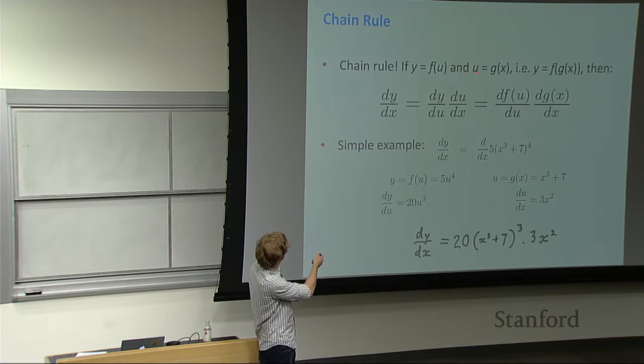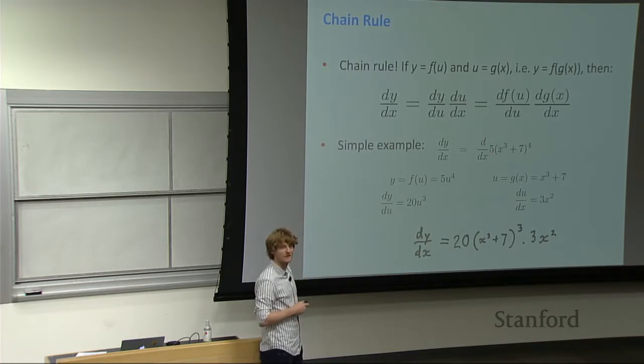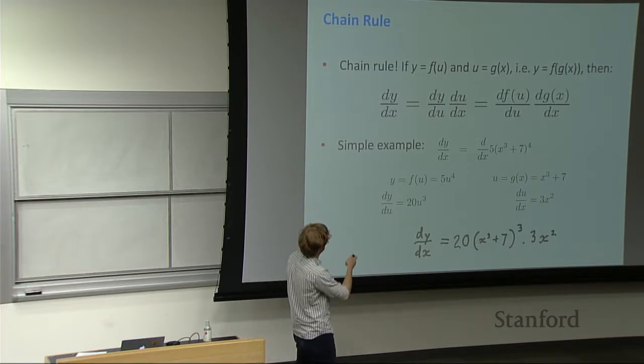So y, again, we just defined as f of u, so we can rewrite these two very simply. Now let's look at the simple example. You can probably do this without defining any intermediate variables like u here, but it's nice to verify that your thinking is correct.